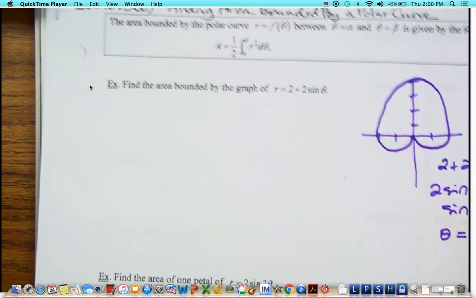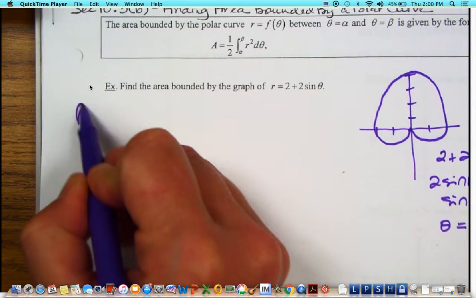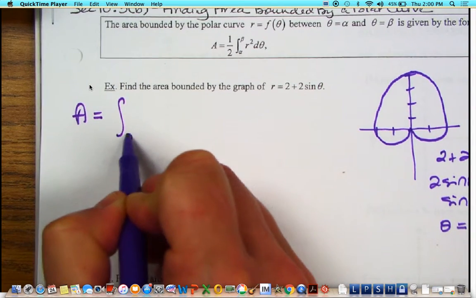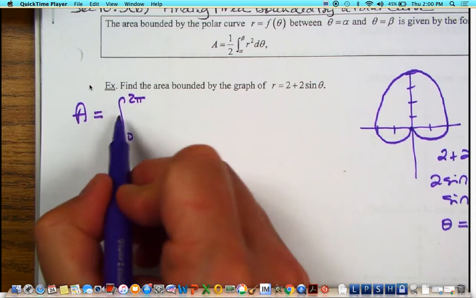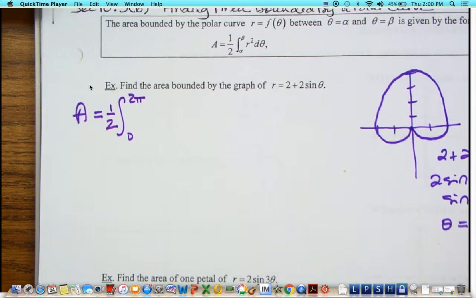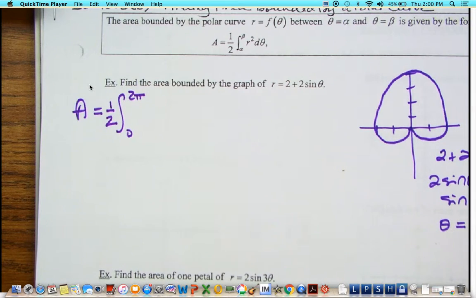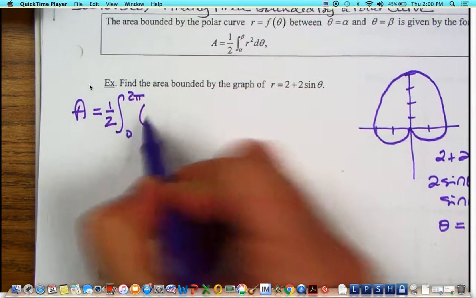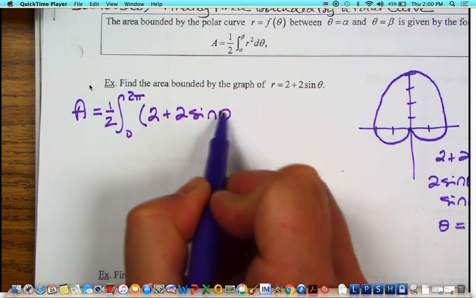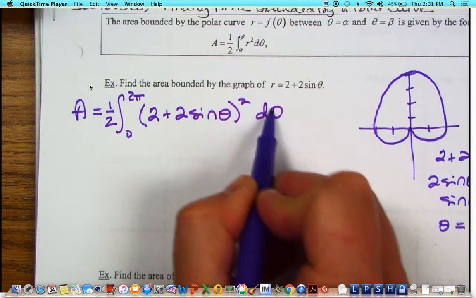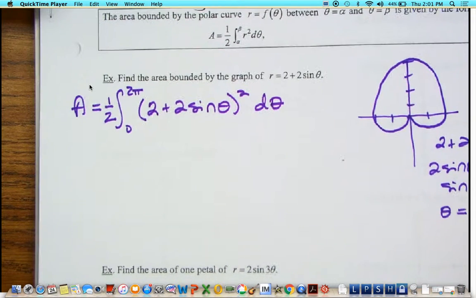So to calculate the area of this, I would have the integral from 0 to 2 pi. You can put the 1/2 out front if you want, since it's a constant. And then it would be r squared, 2 plus 2 sine theta squared d theta.